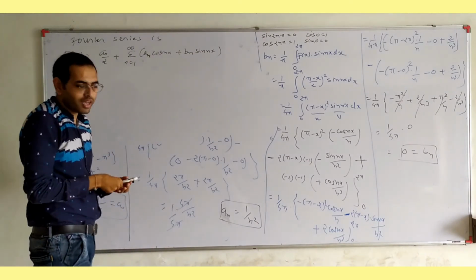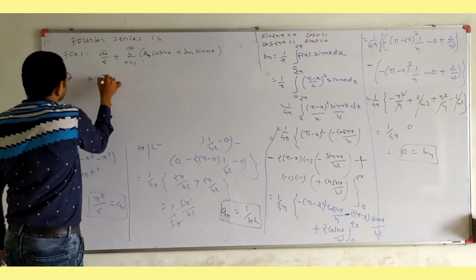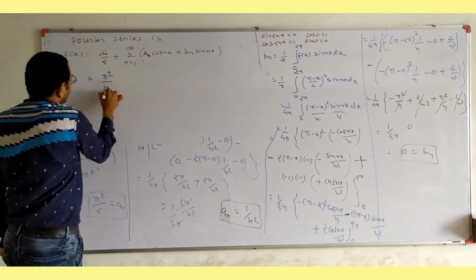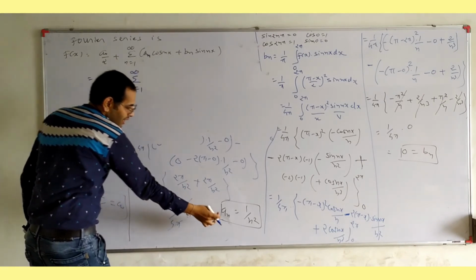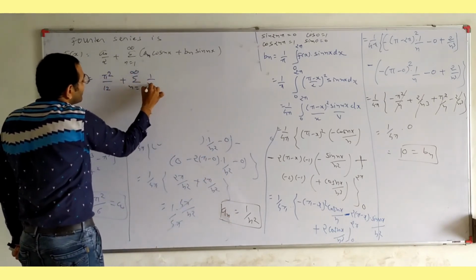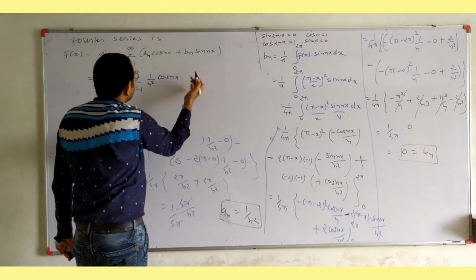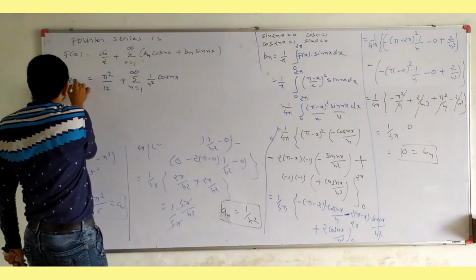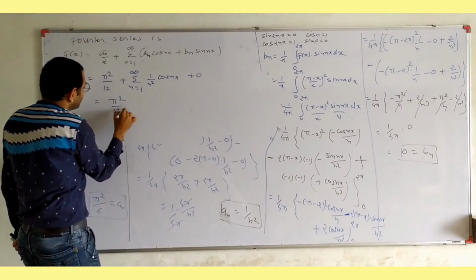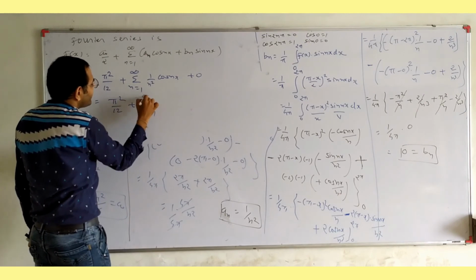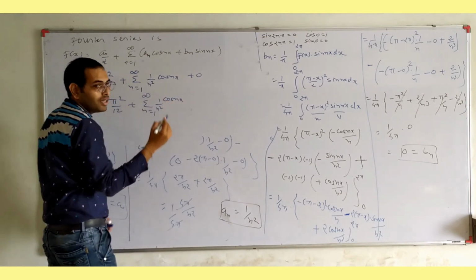Substitute the values of a0, an and bn. a0 is pi square by 6. Then dividing by 2, we get pi square by 12, plus summation n equal to 1 to infinity, an that is 1 upon n square cos nx. bn is 0, then 0 into anything is 0. That is our Fourier series, the infinite series in terms of cosine and sine terms.